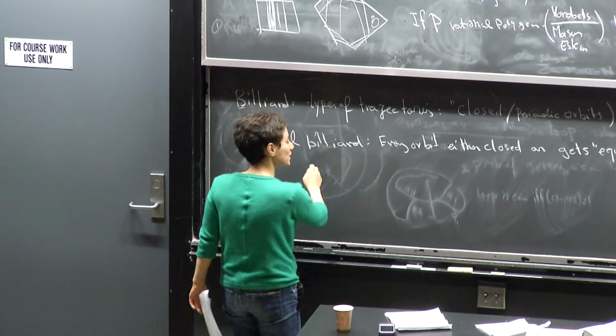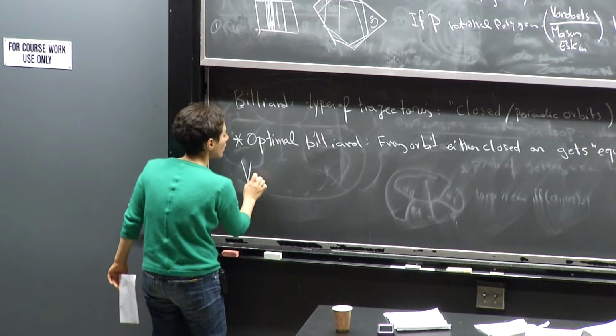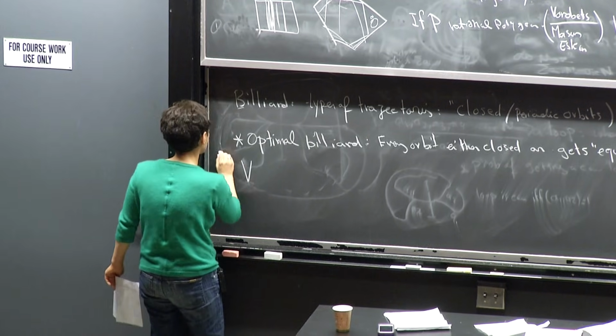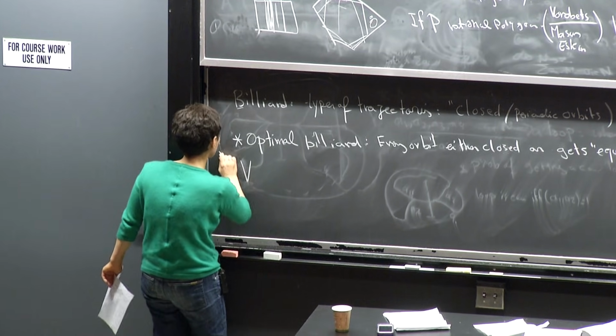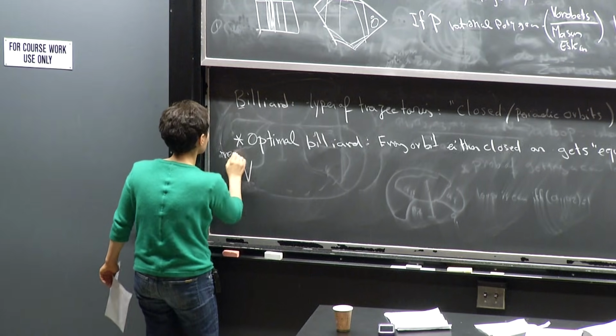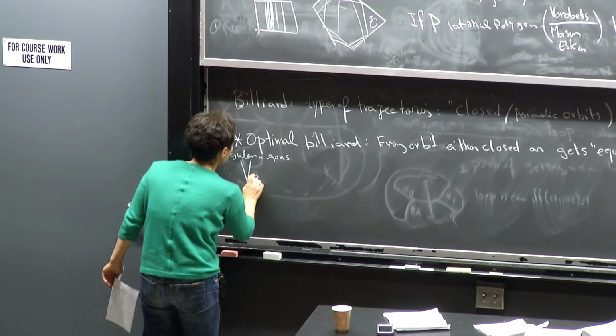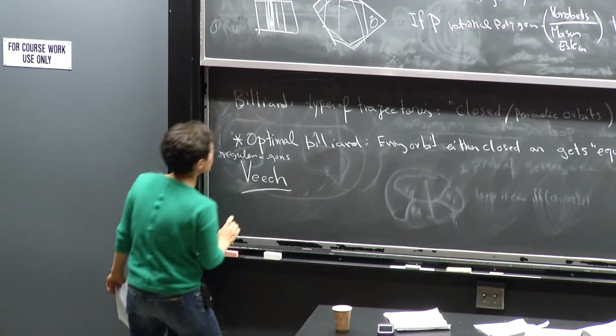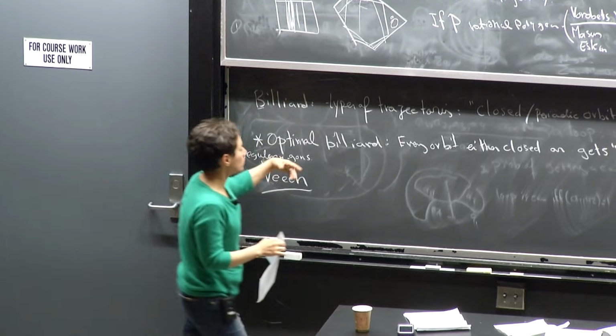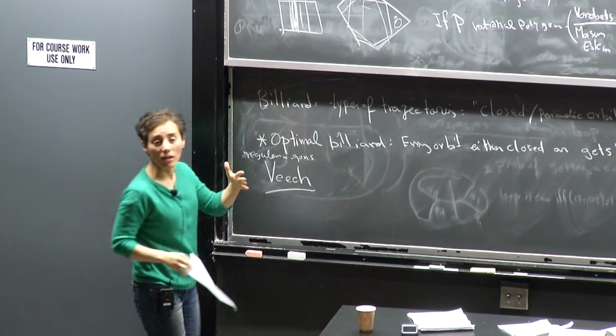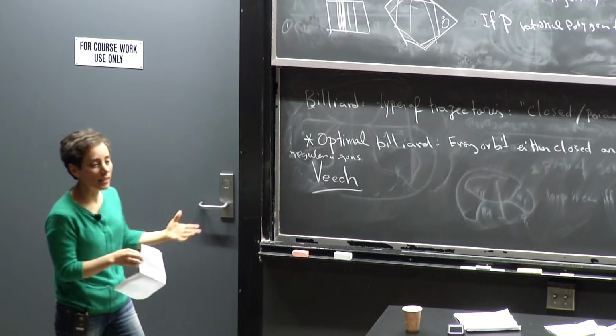And there are examples of such n-gons, basically regular n-gons, which were discussed by Veech, who realized that these regular n-gons are optimal in this sense, and they are very nice.